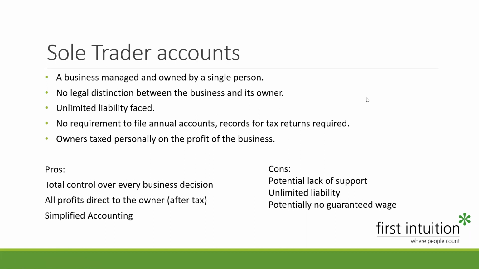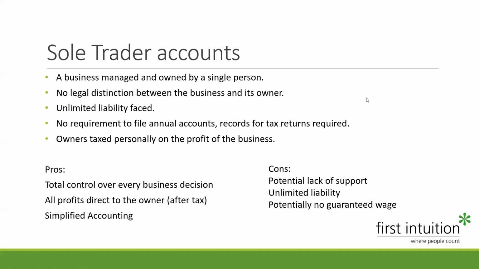Let's just look at a few, for example. As some people have already touched on, we have total control over every single business decision. You're the sole trader, it's your business, you decide where it goes and the direction that you want to go in. And again, as some people have touched on, we have all the profits going direct to the owner, obviously in brackets after tax. And again, pros, simplified accounting, as Nathaniel said.